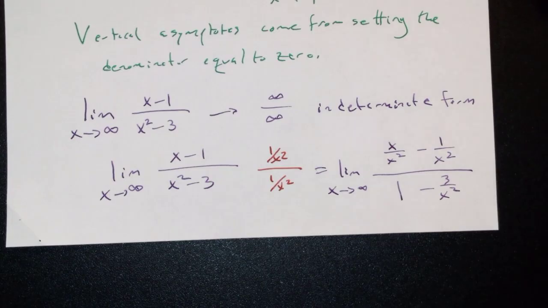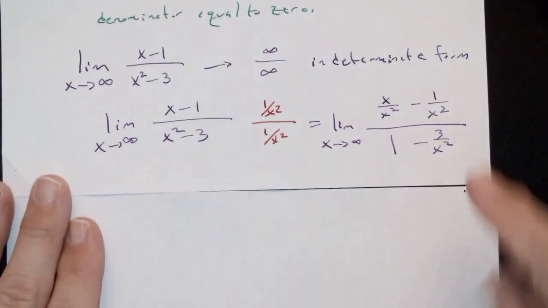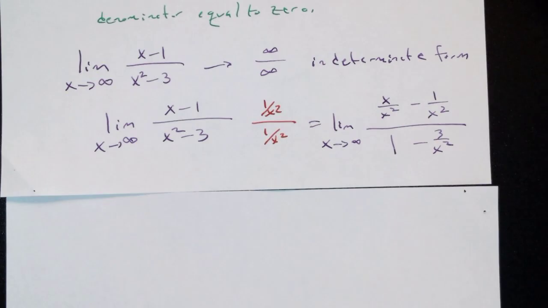Hey, wait a second. This top expression, x over x squared, that simplifies, right? That's just 1 over x.